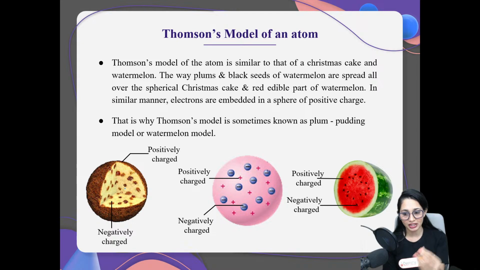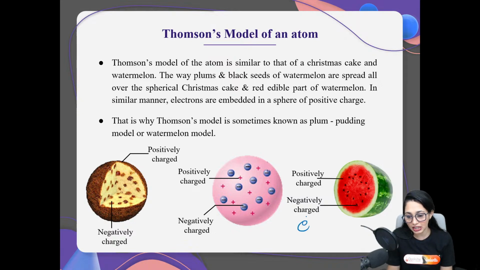I just had watermelon. So how does it look? There is a red color flesh, right? He considered that as the positively charged sphere, inside which the negatively charged particles are randomly spread. Negatively charged particles are nothing but electrons, and the positively charged part, he assumed, is a sphere. This is also called plum pudding. The bread part is the positively charged sphere.